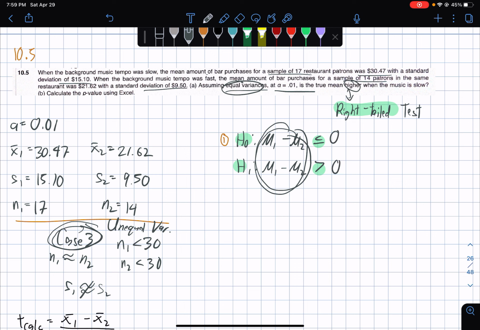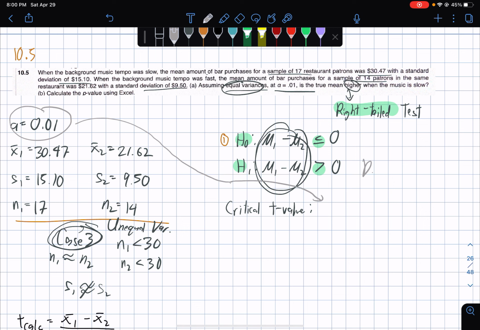And then, what do you call this? Critical t value is what? Provided that you don't have to write for a over 2 since this is right-tailed. Look for the degrees of freedom. So 17 plus 14 minus 2 is equal to 29.